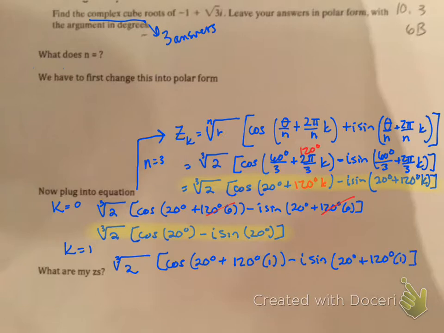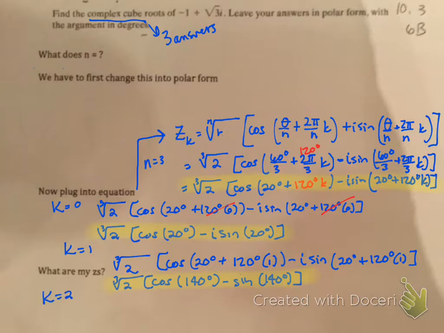So once again, I plugged it into the general formula. Okay, so I get the cube root of 2, cosine 120 degrees times 1 is 120, 120 plus 20 is 140. Okay, and then sine is going to be the same value. Okay, so you just found your second answer. So let me highlight that. That's my second answer. So I'm looking for one more.